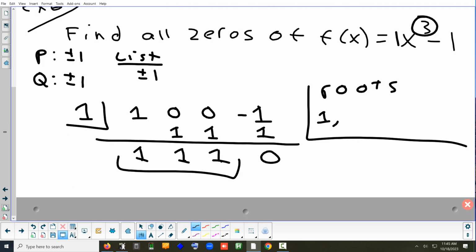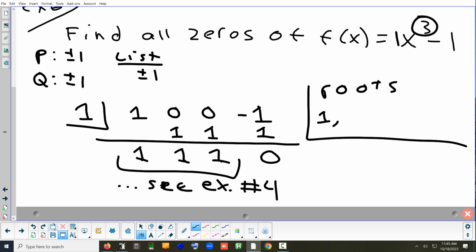So I'm just going to put, see example 4. What did I just say? Was it -1/2? Yeah, -1/2 plus or minus square root of 3 divided by 2. Now, it's not always going to happen that you've already done a problem earlier to help you do the one you're doing now.